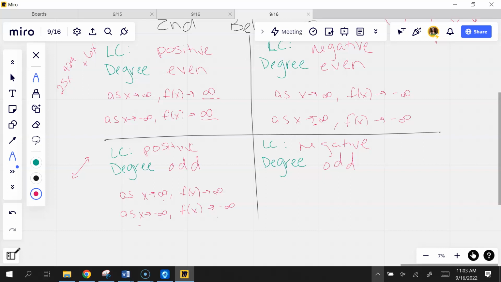Odds are opposite. This says the right end of the graph points up. The left end of the graph here points down.